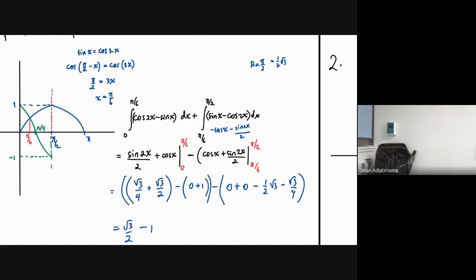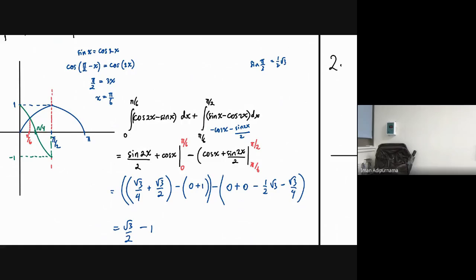So cosine becomes sine over 2, and evaluate all. Most of you got it wrong here. Up until here, I think almost half of you are correct, but here most of you did the wrong calculation. This part is correct, but here is wrong.